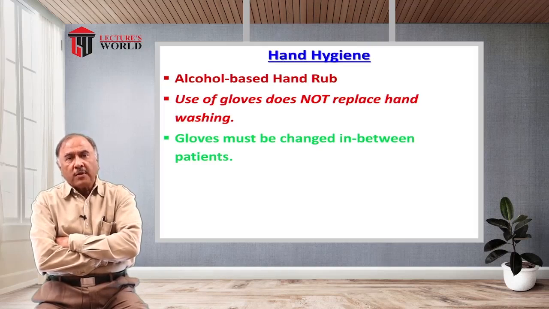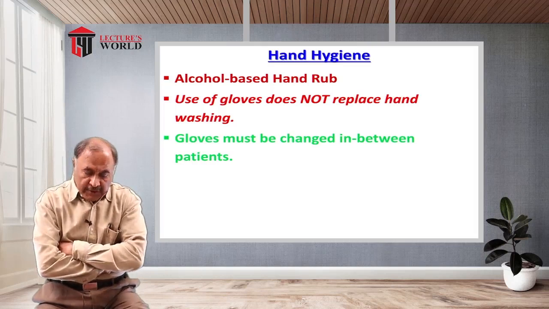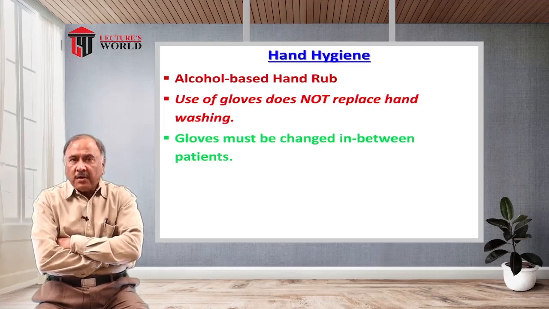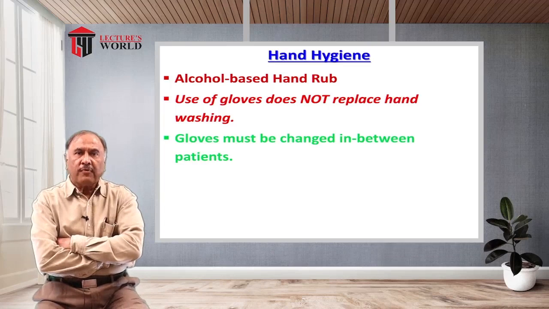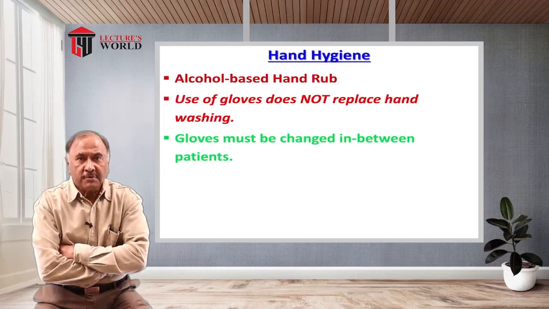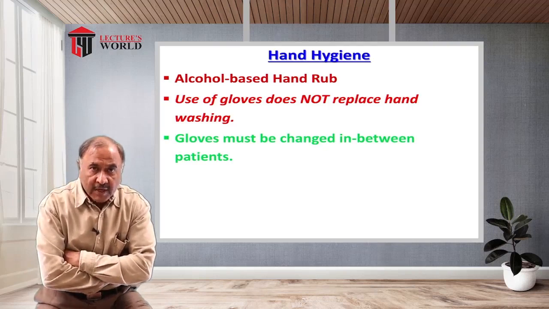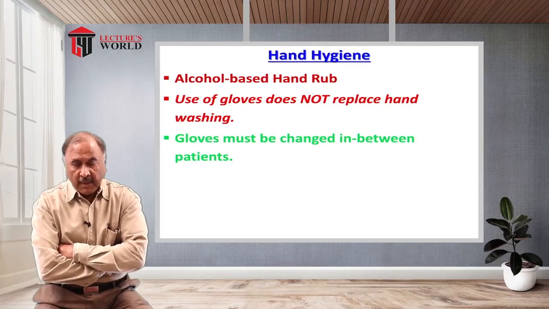You may use the gloves thinking that you do not require hand washing. That is an entirely wrong concept, because of a primary important mantra, that is, use of gloves does not replace hand washing. So hand washing is the first and primary important thing.